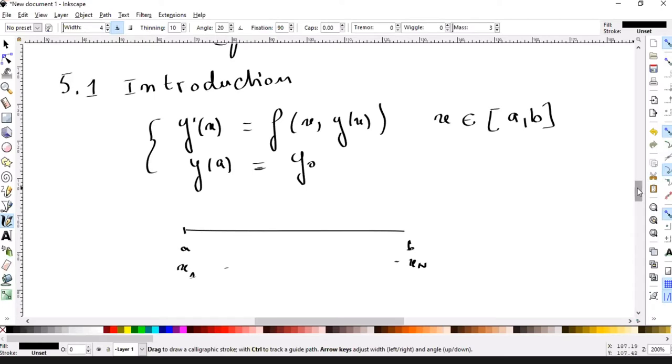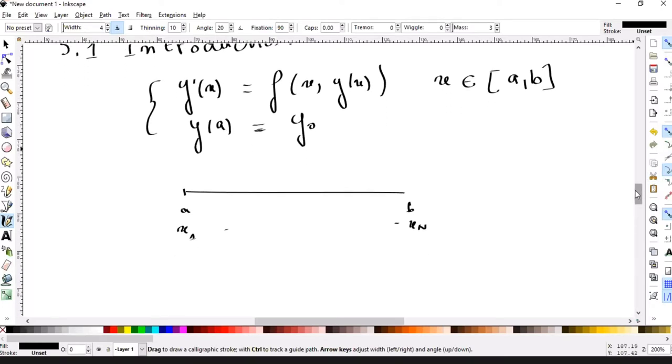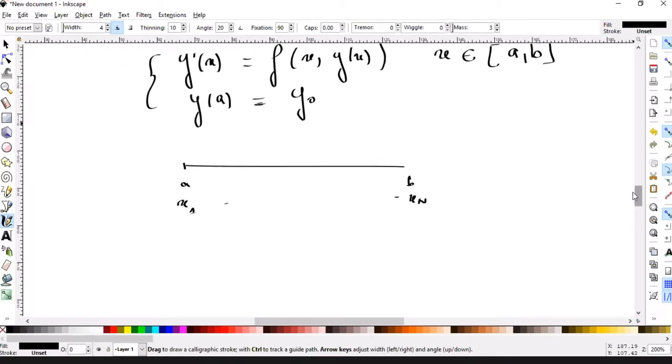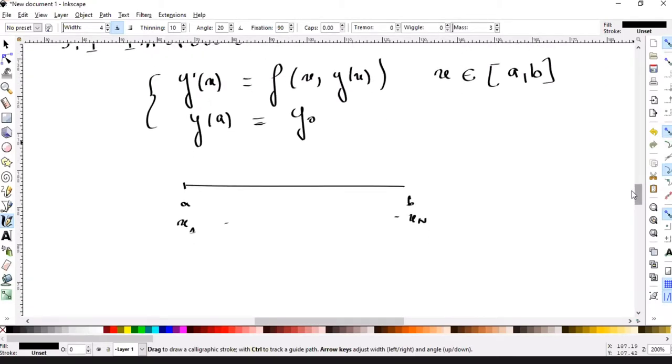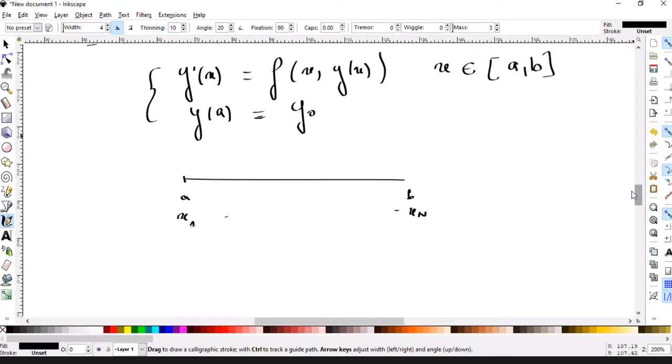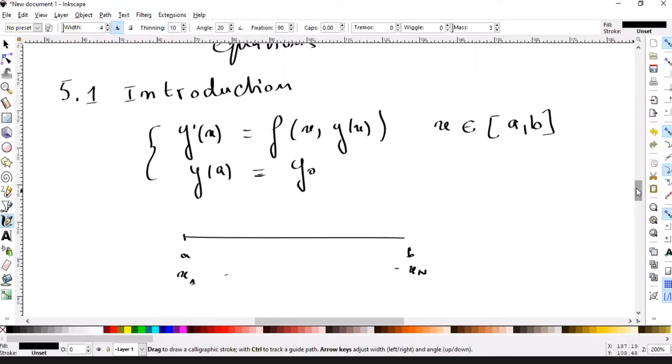So in order to solve the differential equation, we will treat the problem where there exists a solution for this equation.